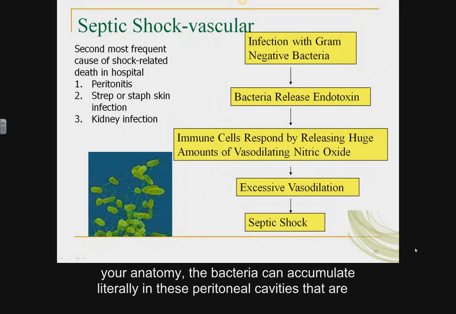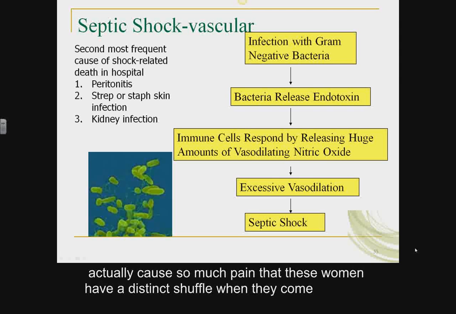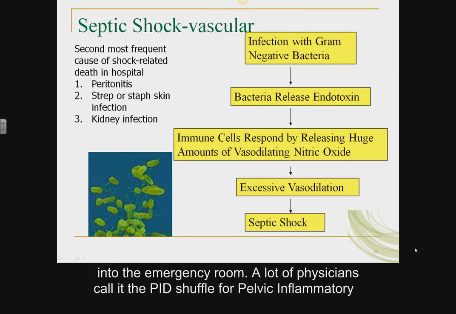If you remember your anatomy, bacteria can accumulate literally in these peritoneal cavities that are found around the uterus, and the excessive fluid from the bacteria accumulating can actually cause so much pain that these women have a distinct shuffle when they come into the emergency room. A lot of physicians call it the PID shuffle, for pelvic inflammatory disease. That's what PID stands for.